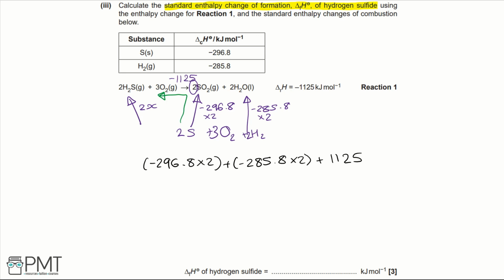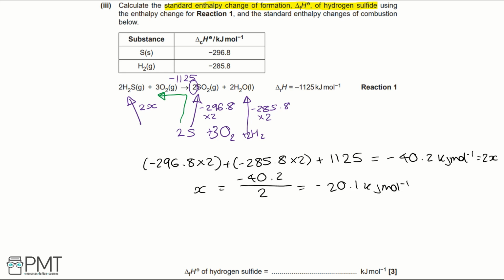What I've done is I've reversed the sign from a minus to a positive for the enthalpy change of reaction. And that's going to equal minus 40.2 kilojoules per mole. And that equals 2x. So if we were to work out x, that would be minus 40.2 divided by 2, which equals minus 20.1 kilojoules per mole, which is what we can write on the answer line for this question.